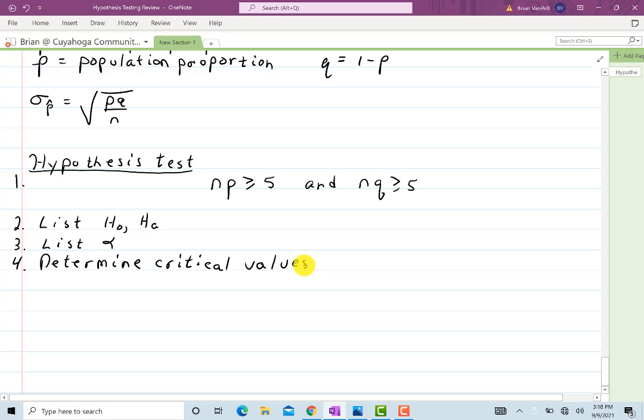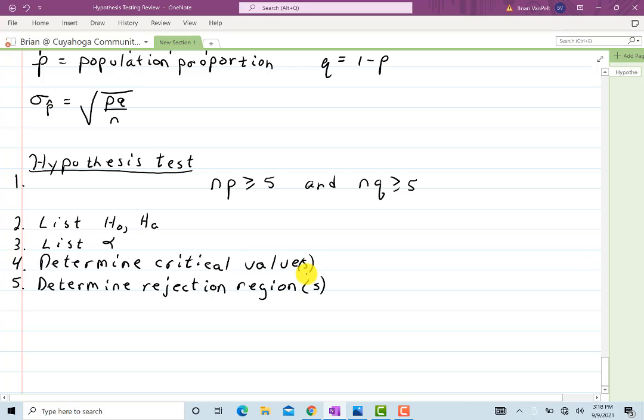I'm going to do the examples just like I did before. I'm going to do one using the classical method and then one using the P-value method. Number 5, determine rejection regions. There may only be one, so I probably should put parentheses around that.